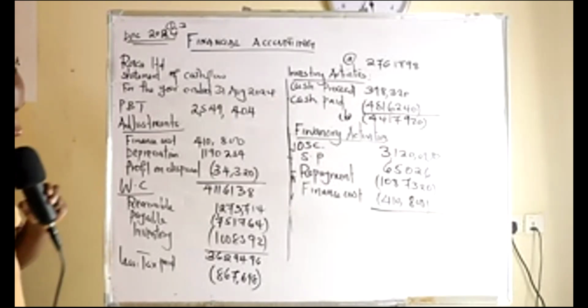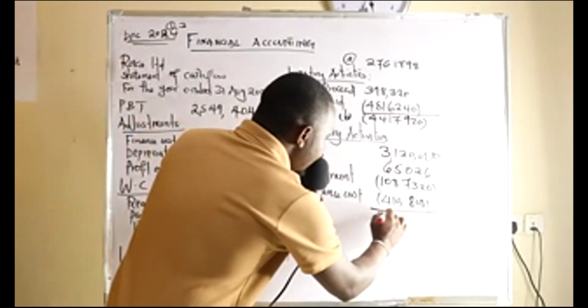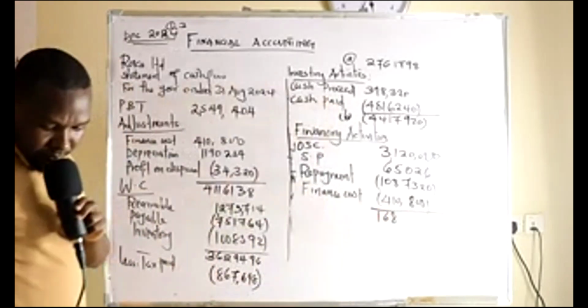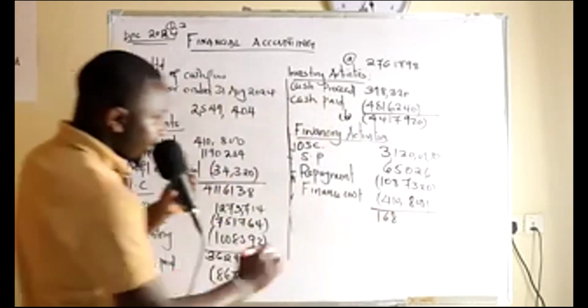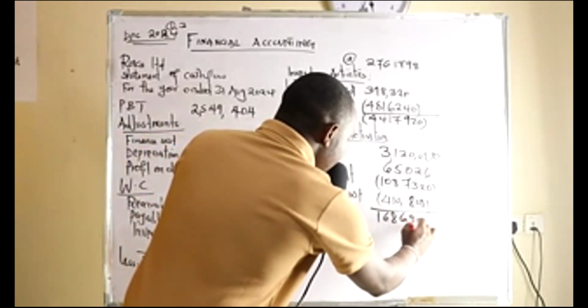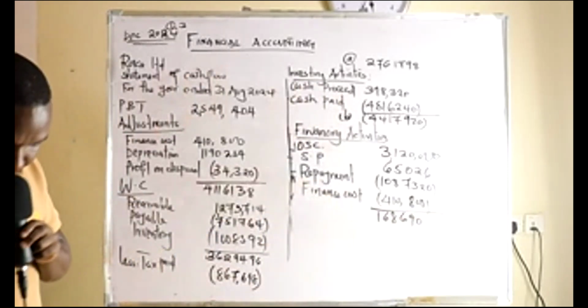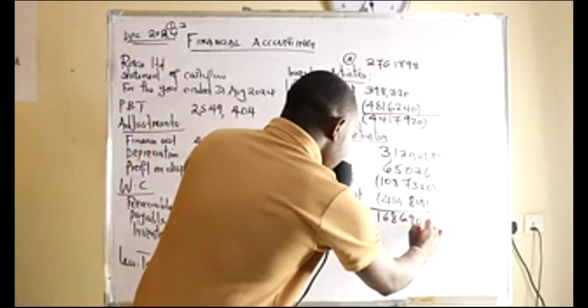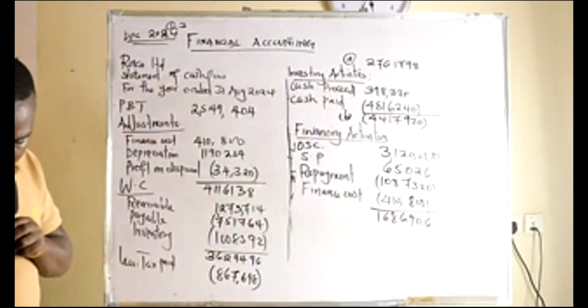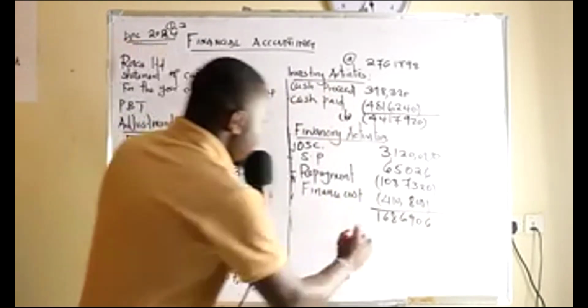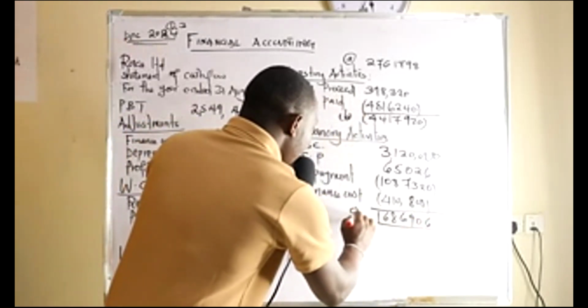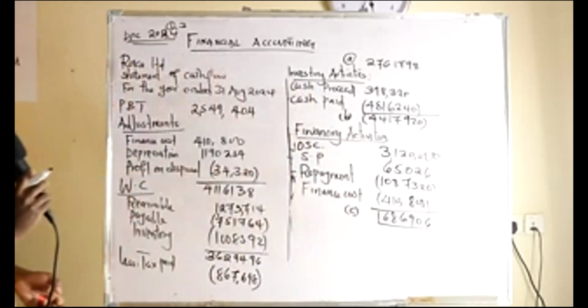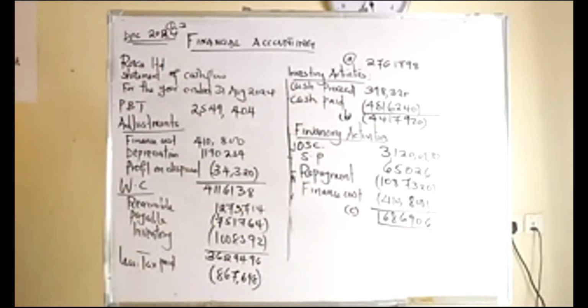So we are getting 1,686,906. So this one we call C. It is the cash flow from financing activities.